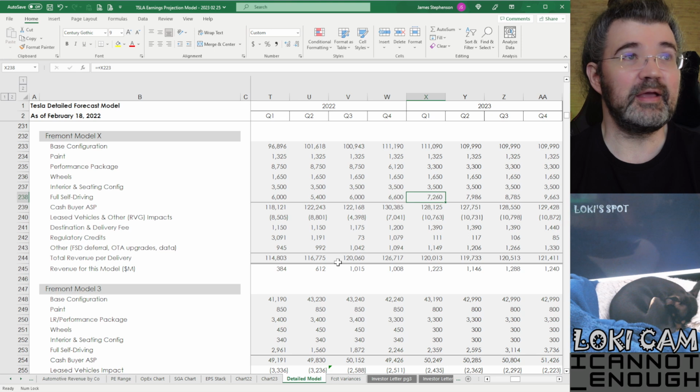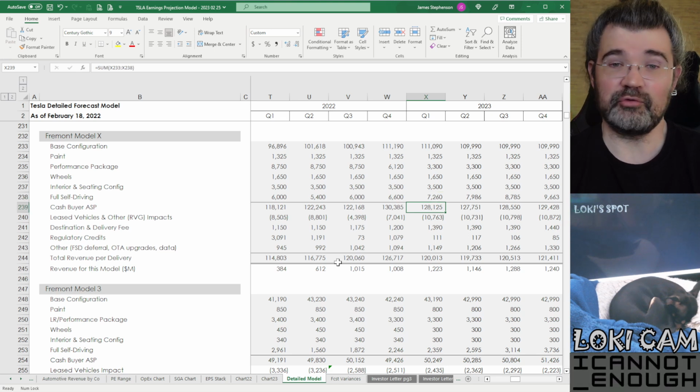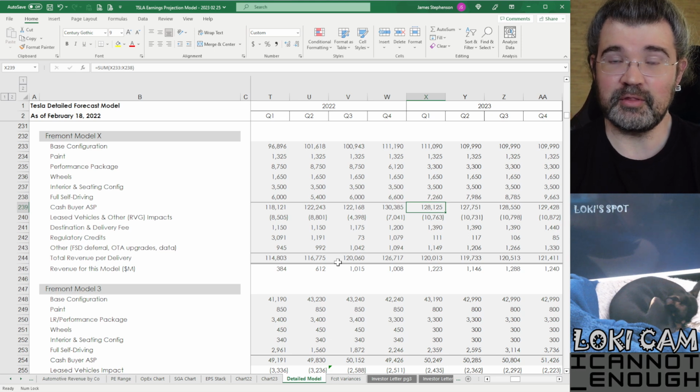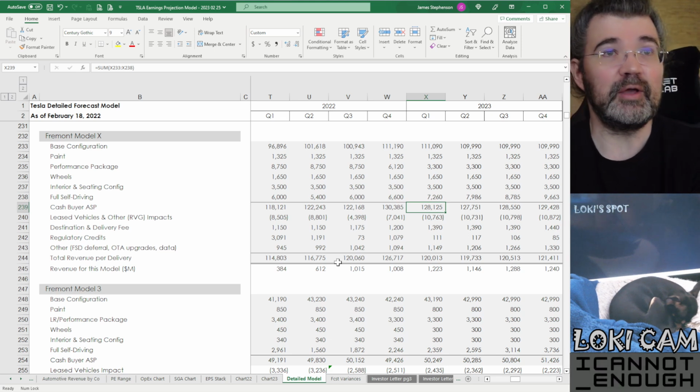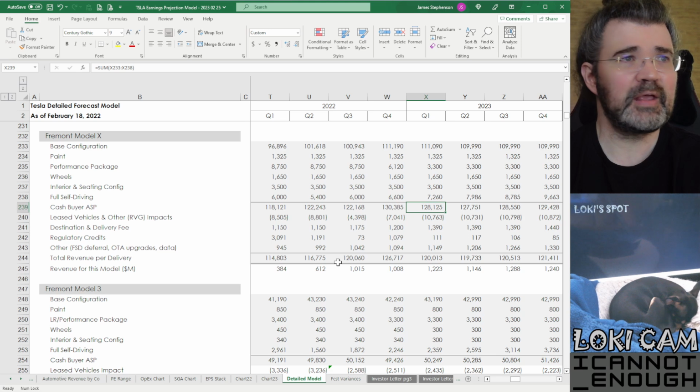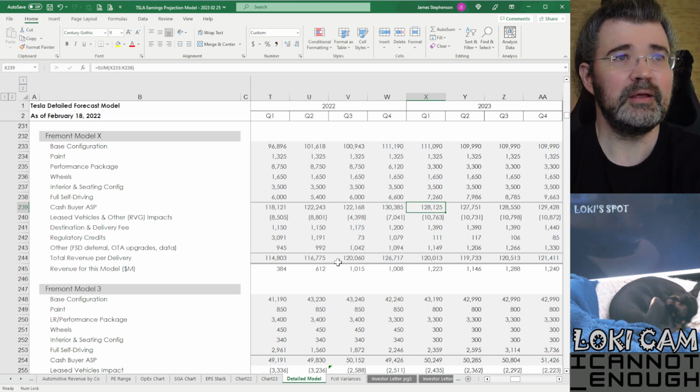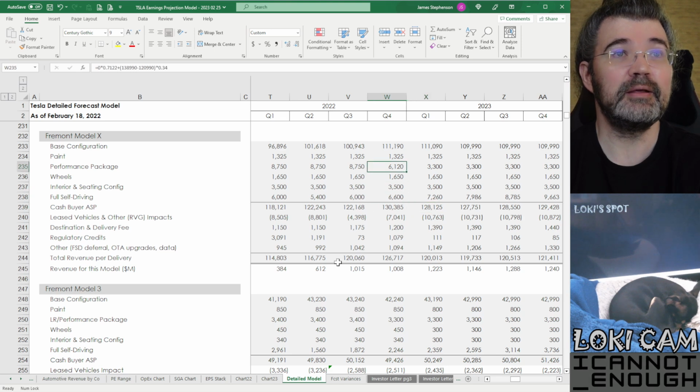FSD revenue per vehicle, I'm assuming, is the same as the Model S because these are the two premium price point Teslas, giving you cash buyer ASP, a little bit less than it was in Q4, not by a lot.